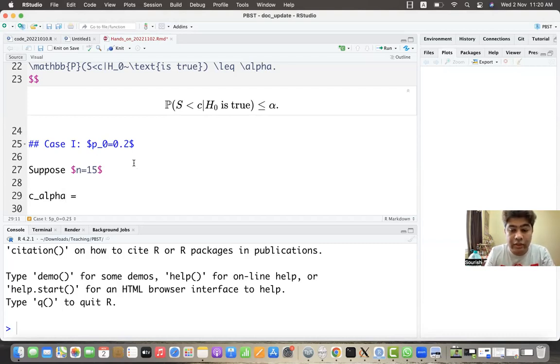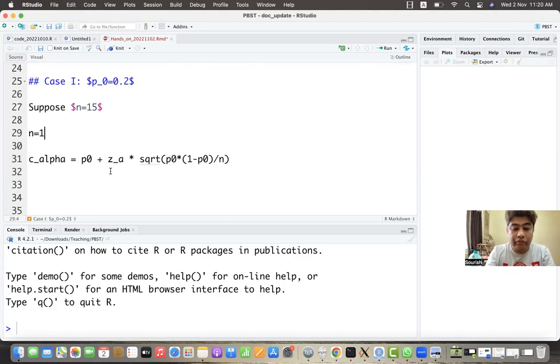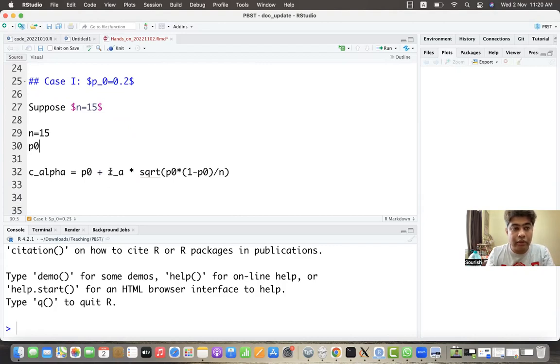C alpha is P naught plus Z alpha times square root of P naught times 1 minus P naught divided by n. Now what I have to define: n is 15, P naught is 0.2, right? I have to figure out what is Z alpha.